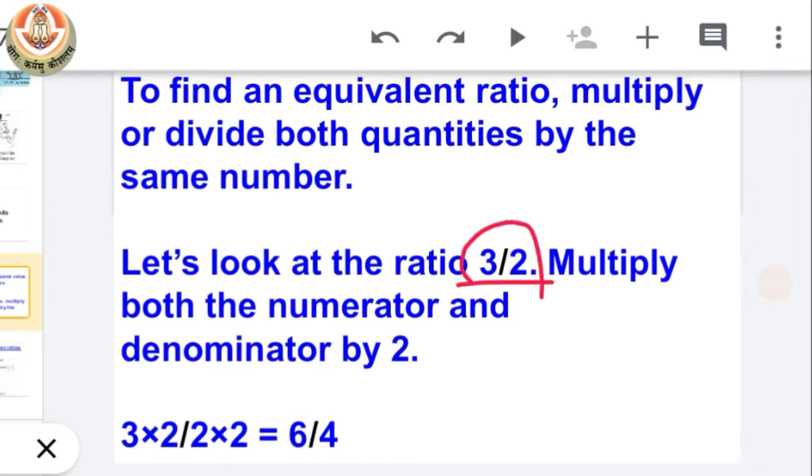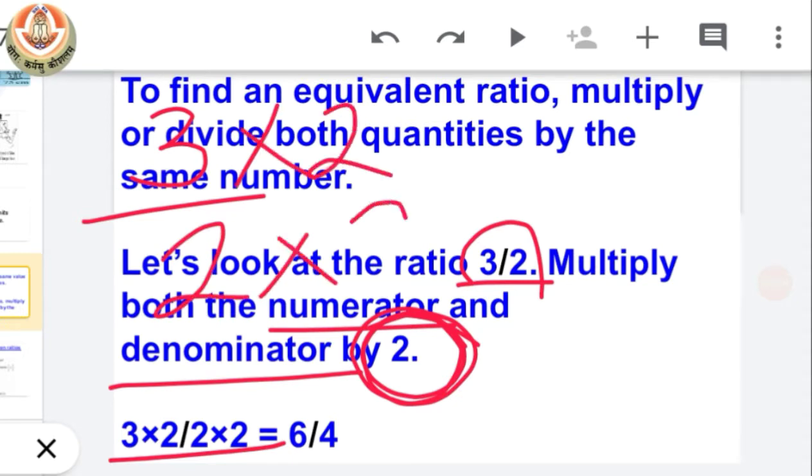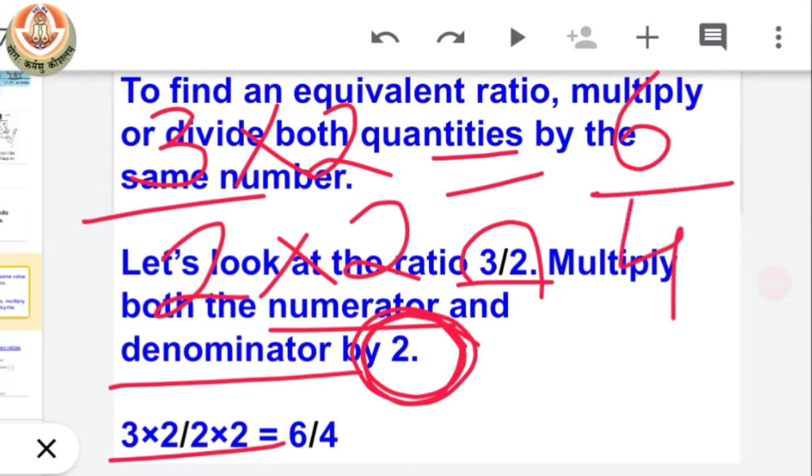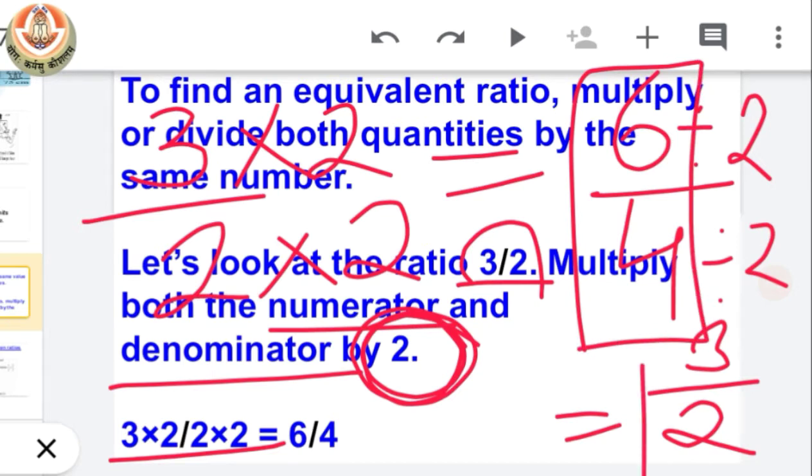So what we can do, we multiply the numerator and denominator by the same number, 2. When we multiply the numerator as well as the denominator by 2, we get 6 by 4. Now let's check by dividing both by 2, we will get 3 by 2 again. That means this 6 by 4 is an equivalent ratio to 3 by 2.